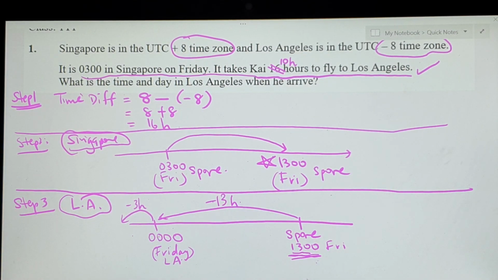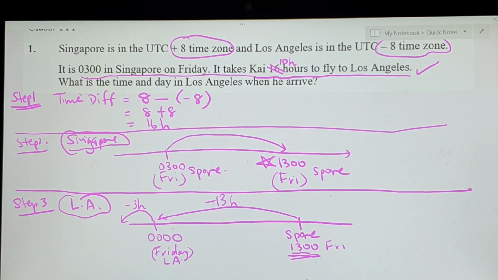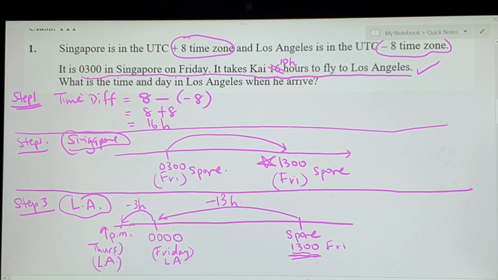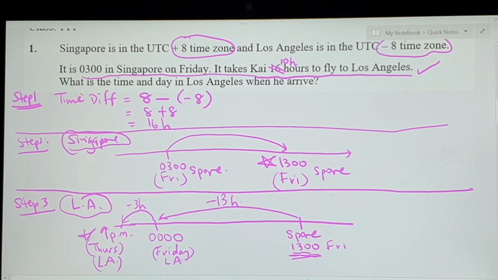Okay, so you can write here 9 p.m. But this is in Los Angeles, and it's not Friday anymore, it's Thursday, okay? So this is a harder question than the previous one. So this is your answer, okay?